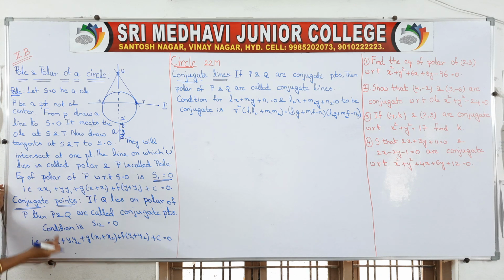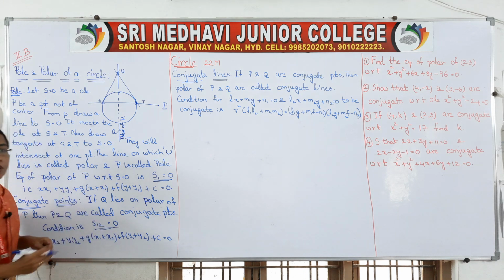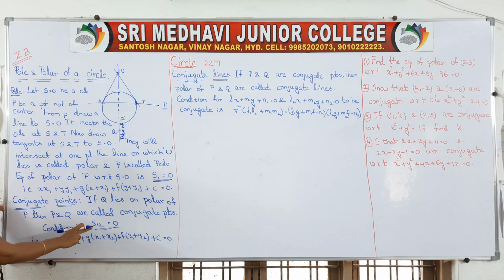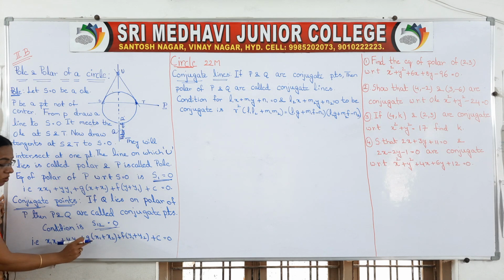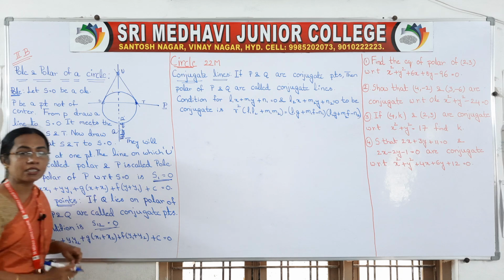Now what is the condition for two points to be conjugate? It is S12 = 0. What is the formula for S12? S12 is x1x2 + y1y2 + g(x1 + x2) + f(y1 + y2) + c = 0.